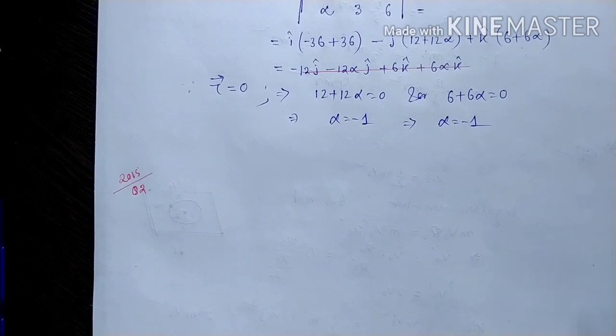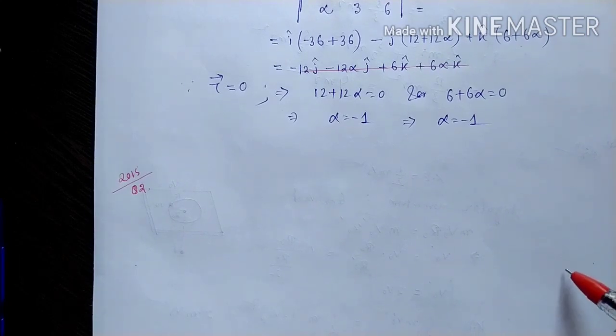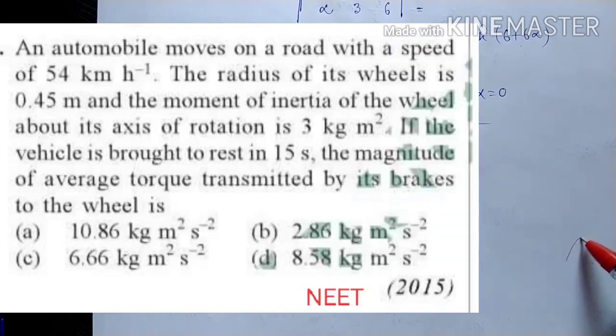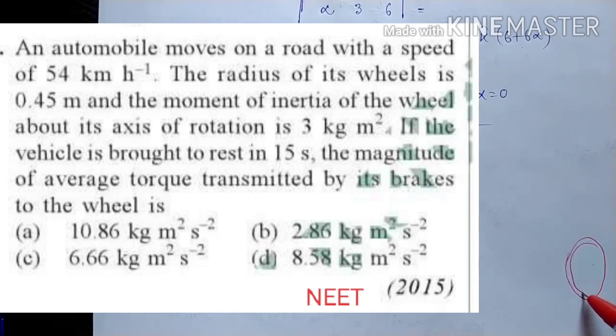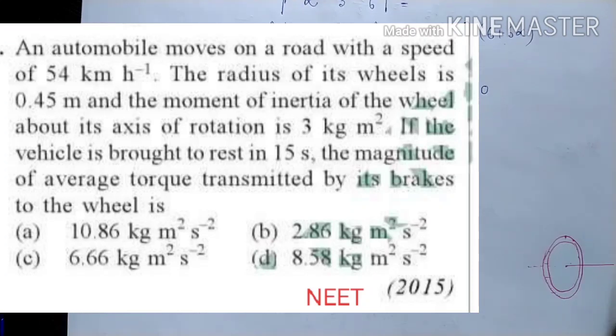You see the question, what are the given parameters? There is an automobile, okay, like a wheel. This is the wheel, rotating with respect to its own axis. The radius of the wheel is given, R is 0.45 meter.